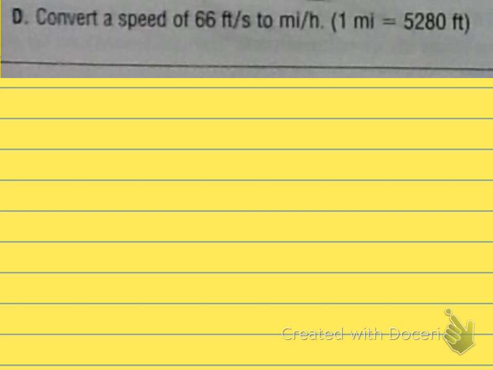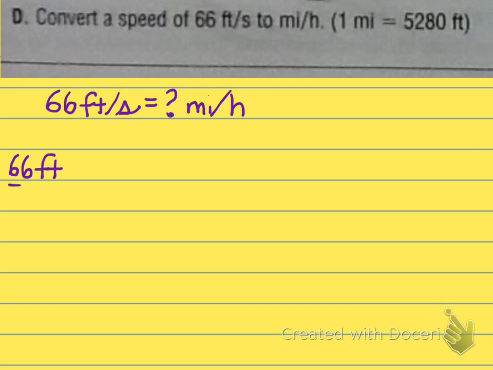Letter D asks you to convert a speed of 66 feet per second to miles per hour. So this one is saying 66 feet per second equals how many miles per hour? Again, we start with our given, which is 66 feet per second. Again, we just want to make sure we know which one's in the numerator and which is in the denominator. We need to change feet to miles and seconds to hours, and the order that we do that doesn't matter.